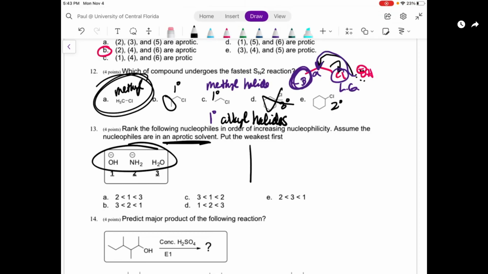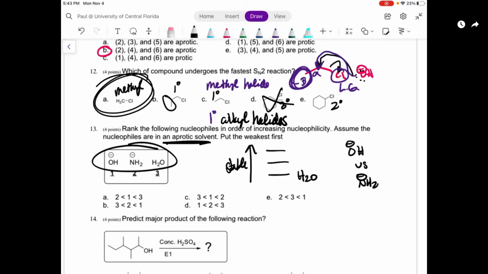And if we have stability right here, which ones are more stable? We have 3 energy spaces here. The neutral molecule water is going to be the most stable. And then you have to compare the stability of the OH minus versus a NH2 minus right there.